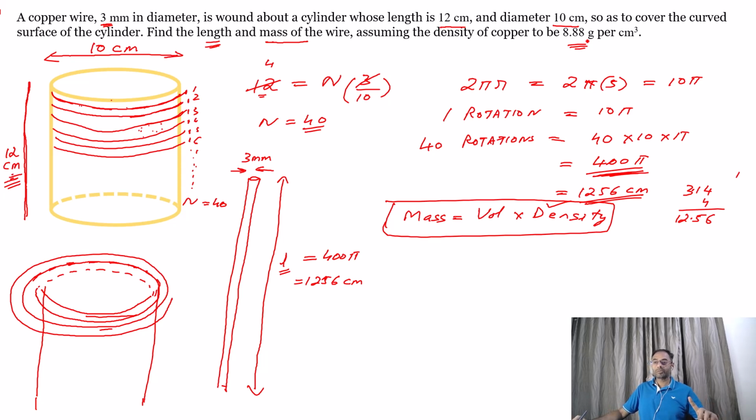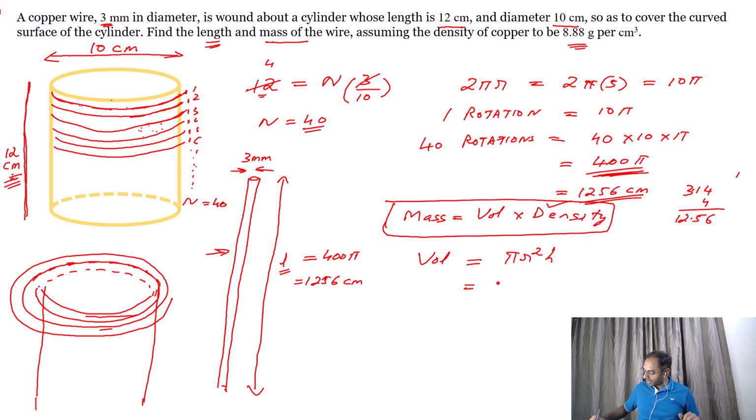So here it is grams and centimeter cube, so let us find the volume also in centimeters. This wire is cylindrical in shape, a very thin, lengthy cylinder. So the formula for the volume will be pi r square h.